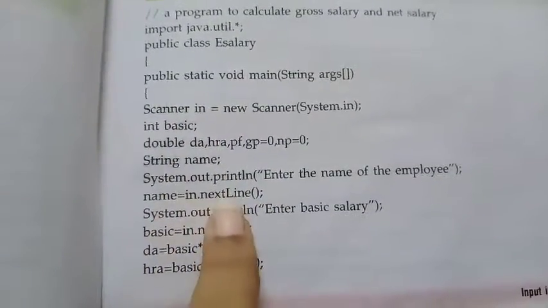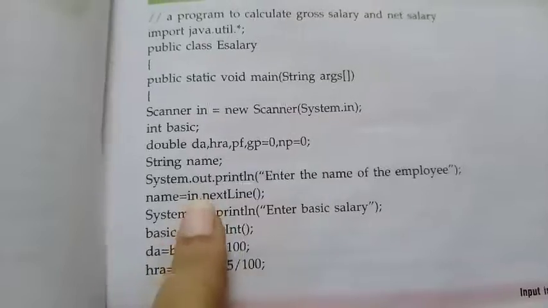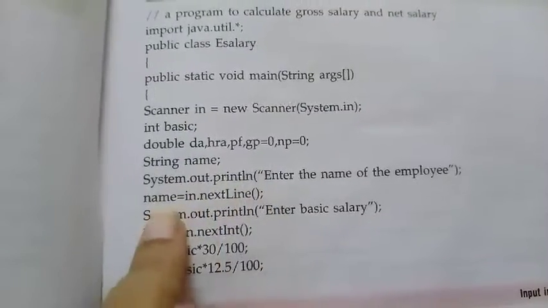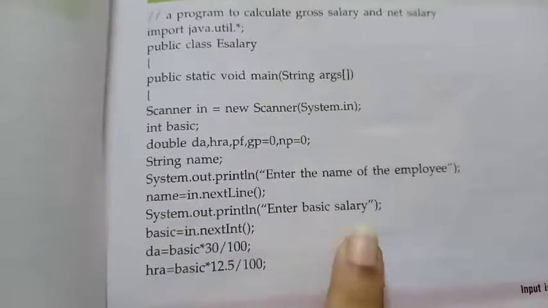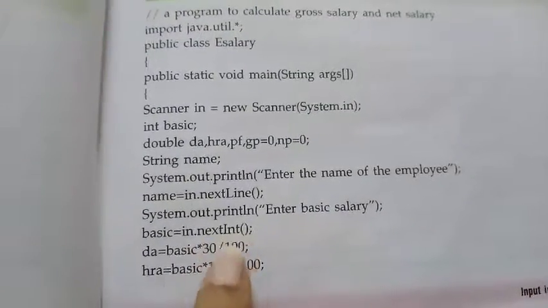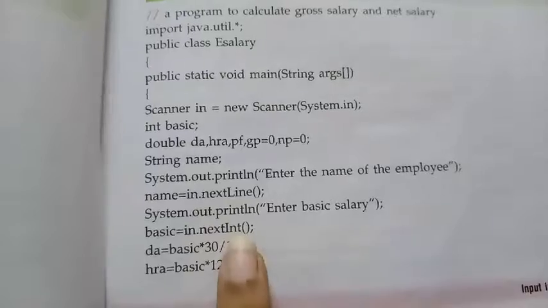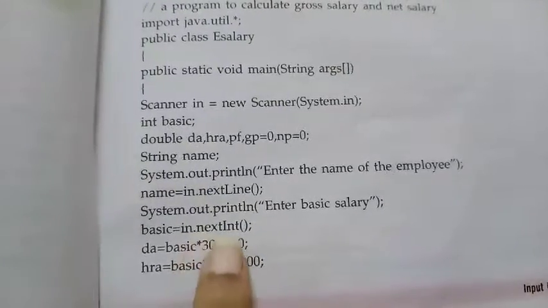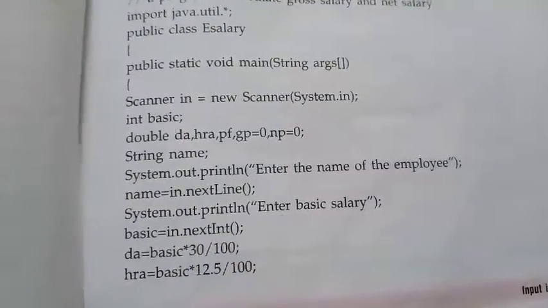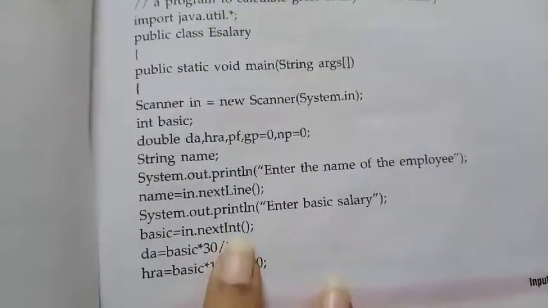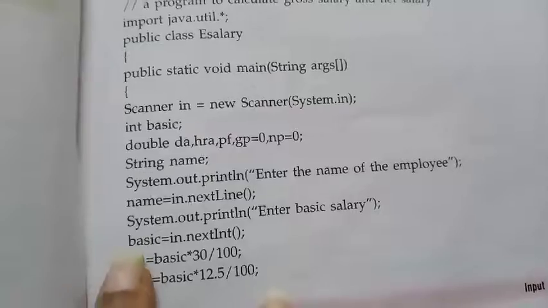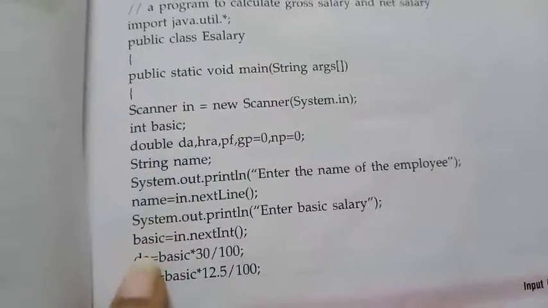So in dot nextLine, this function will read the string data and save it in your variable name. And next is enter the basic salary, and basic salary is an integer. It is going to be in the form of numbers, so we are using the nextInt method. As we saw in the last program, we are going to read the integer number, and it is going to be stored in the variable basic.